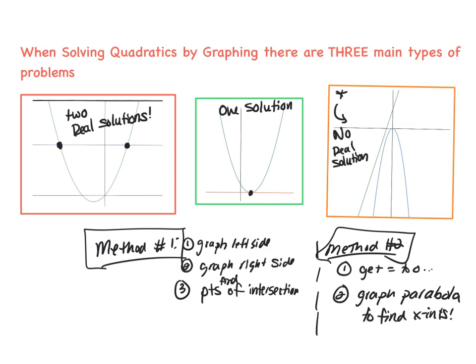And again, when we're doing it graphically, solutions were points of intersection. So we can summarize that by 2 points of intersection, 1 point of intersection, or no points of intersection. And that's what we have.